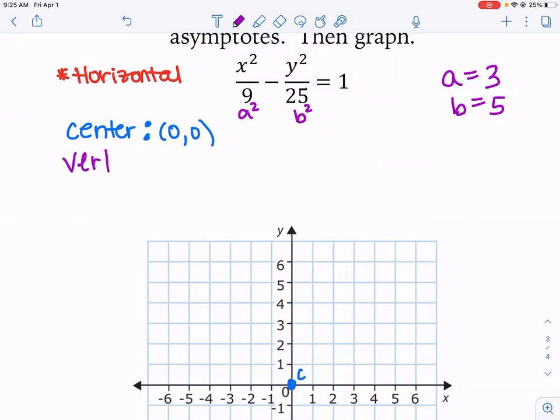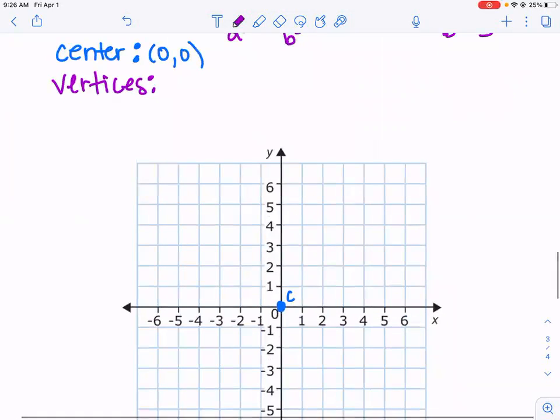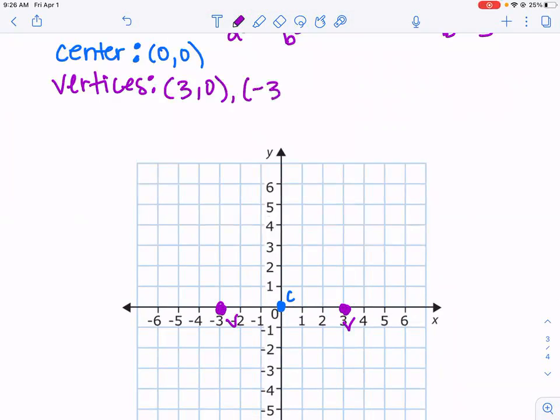So when we want to plot our vertices, we want to go horizontally a. So I'm going to go horizontally 3 from our center to plot our vertices. Okay. B. We are going to use B sort of like we would in an ellipse.